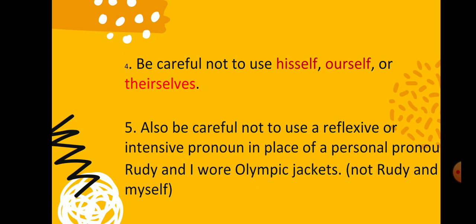Rudy and I wore Olympic jackets, not Rudy and me and myself wore Olympic jackets. You need to be careful with this, very, very careful with this. Do not use a reflexive or intensive pronoun instead of a personal pronoun. Again, Rudy and I, not Rudy and myself.